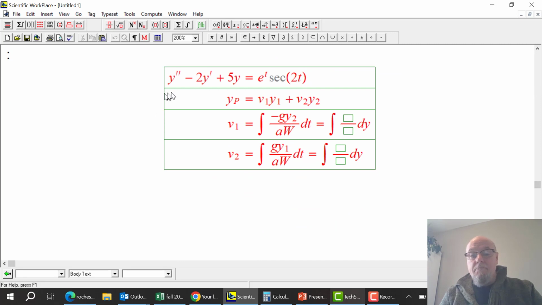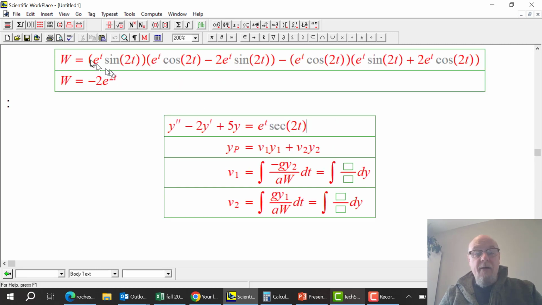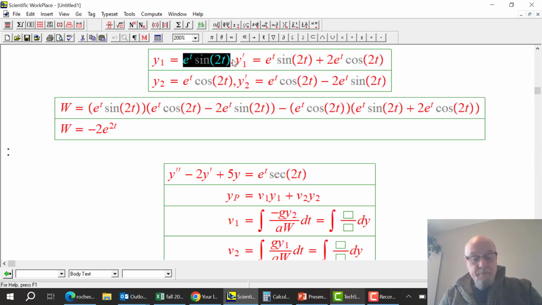So let's go focus on what we're doing here. We're trying to get a particular solution to that differential equation. Our particular solution then will be of the form v1y1 plus v2y2. We already have the y1s and y2s. We already have our y1, that would be this piece here.